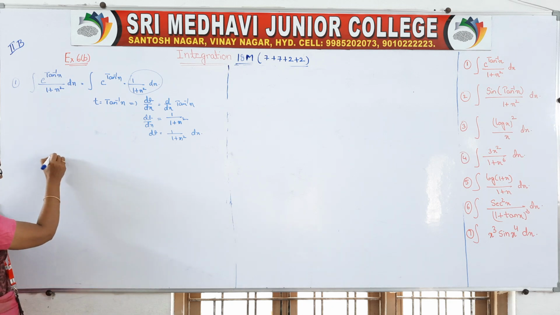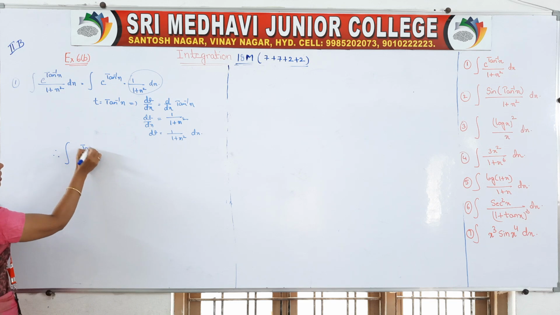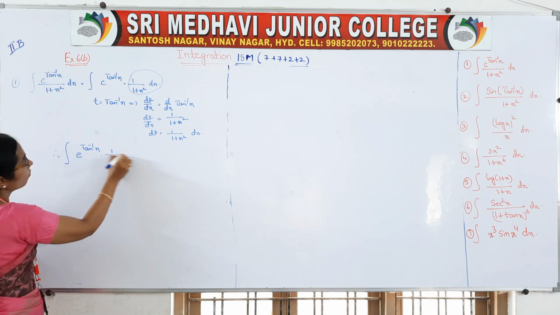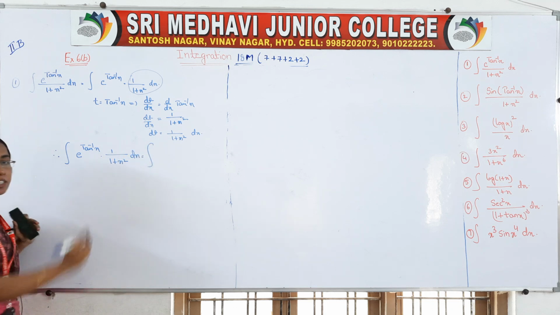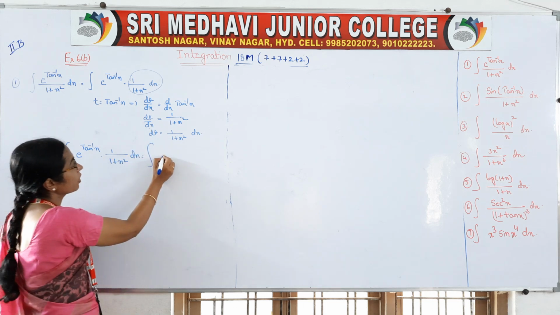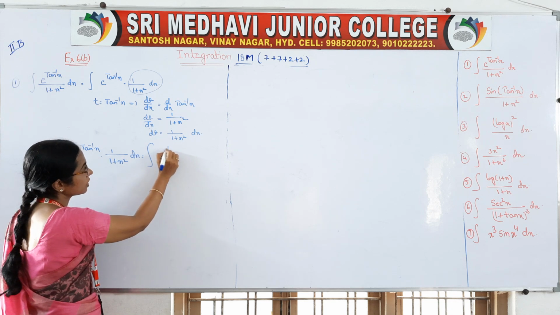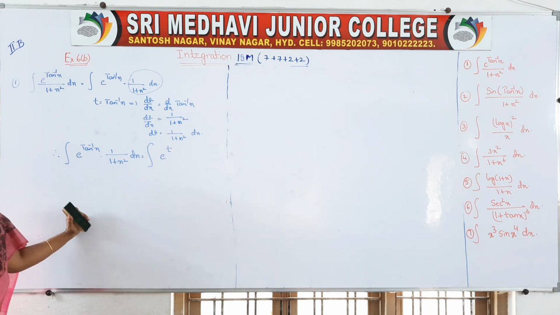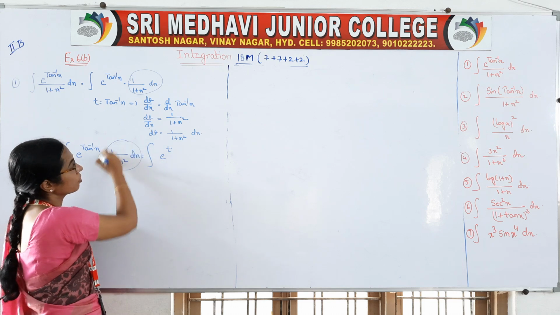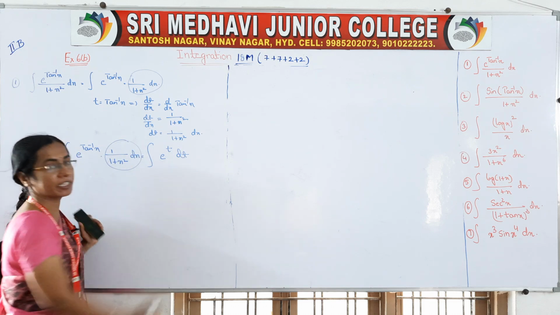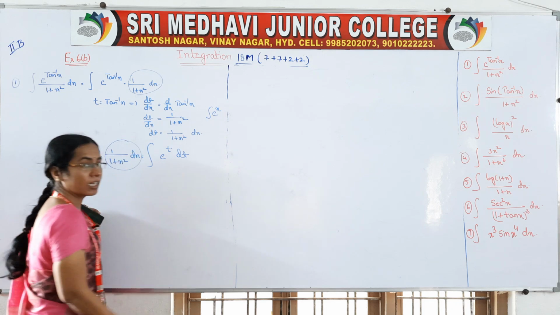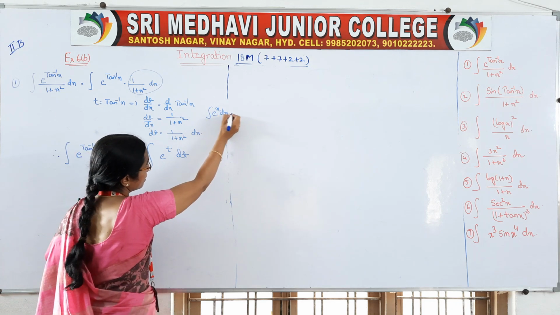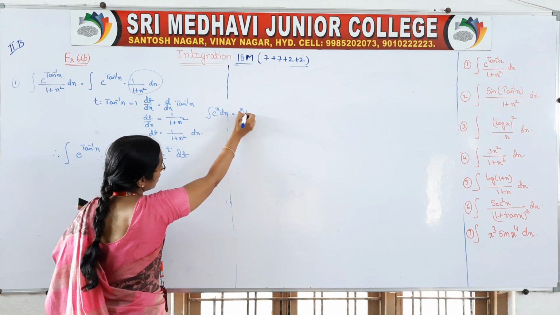So now take the problem: integral of e to the power of tan inverse x into 1 by 1 plus x square dx is equal to integral of e to the power of, what is tan inverse x? We have taken it as t in its place, and this entire value we got as dt. We know our standard formula: integral of e to the power of x dx is equal to e to the power of x plus c.